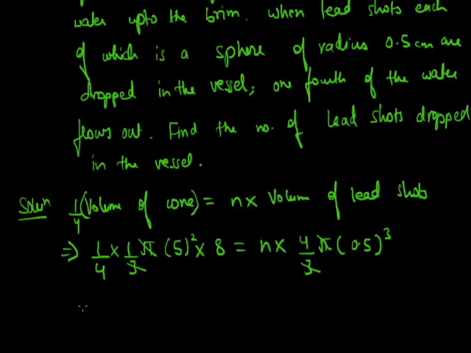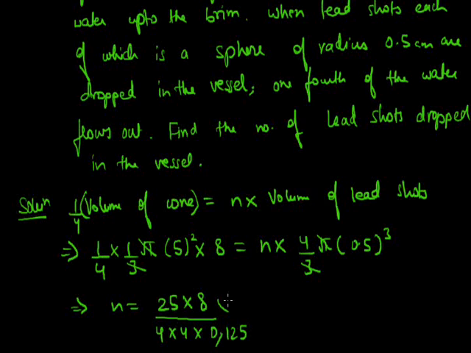So the things which get cancelled out, we need to cancel. So n will be equal to 5 square, that is 25 into 8, divided by 4 into 4 into 0.5 cube. So 0.5 cube will be equal to 0.125.